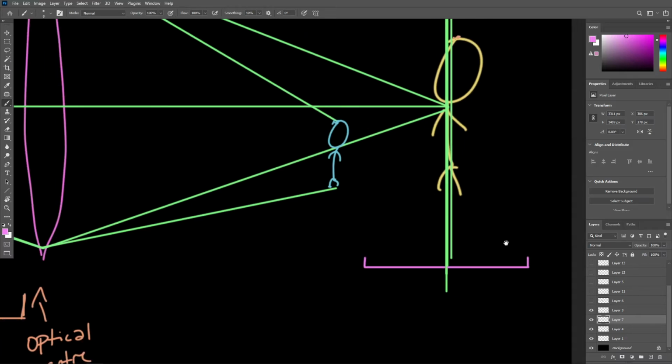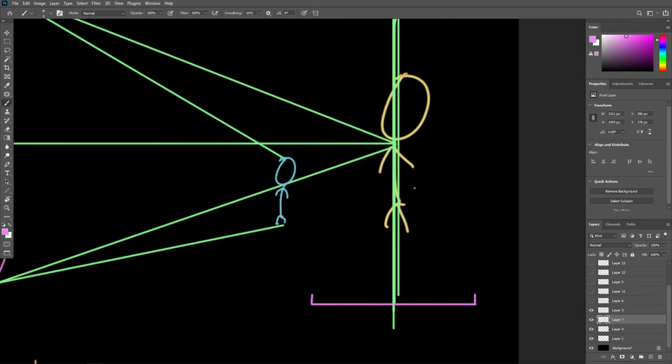How sharp images are going to be when observed from different points inside this range is going to vary from being perfectly in focus, right on the focal plane, which of course is infinitely thin, so nothing in reality is perfectly in focus, and it's going to get more and more blurry as we either get too close to the camera or too far away. So this area is called the depth of field.